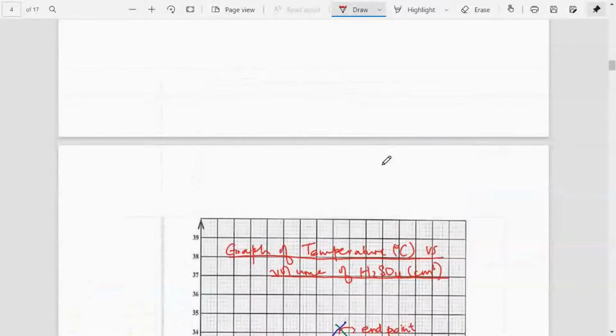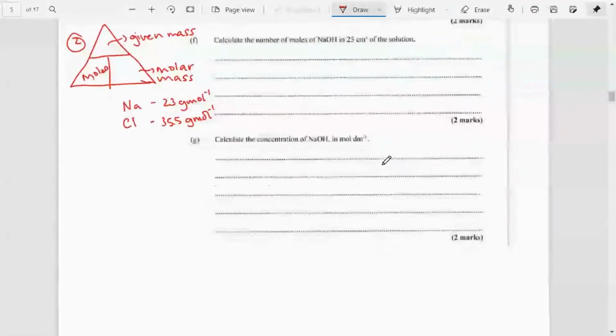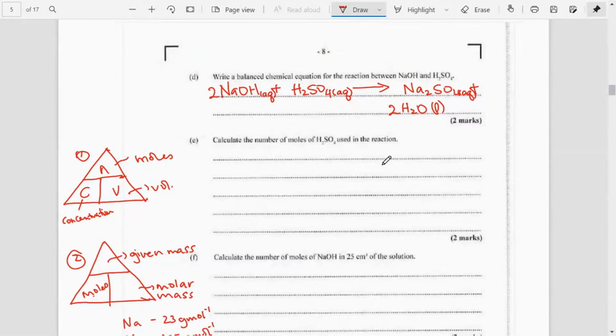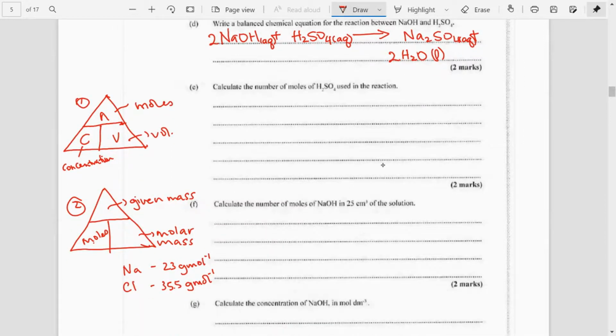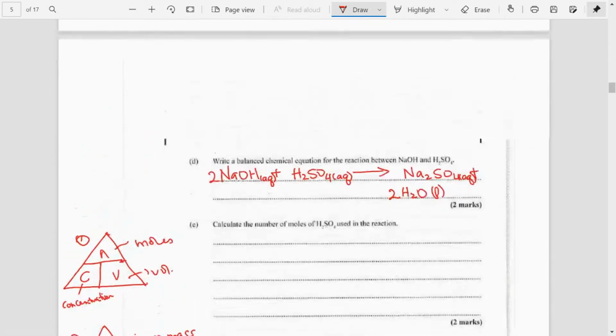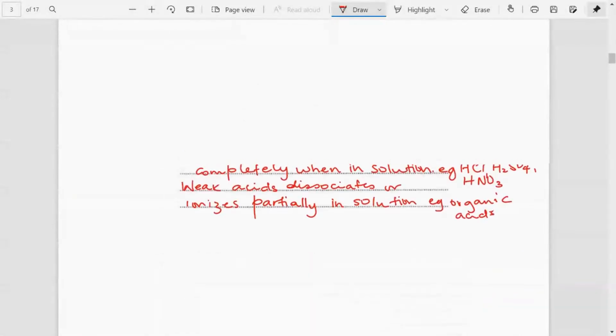So before we look at what we're given, what are we looking for? To calculate the number of moles of sulfuric acid, we're either looking for concentration and volume, or we're looking for a given mass and, of course, the molar mass of sulfuric acid. So let's look at the question.